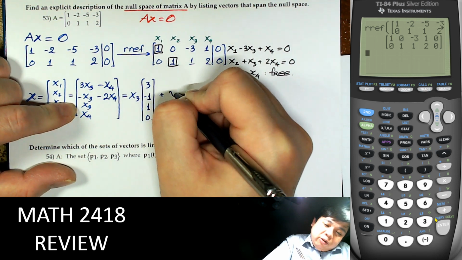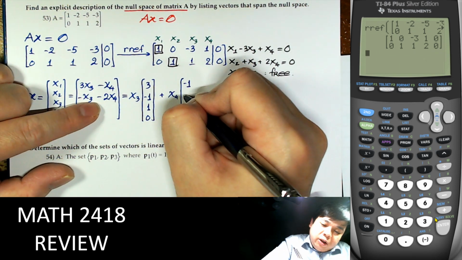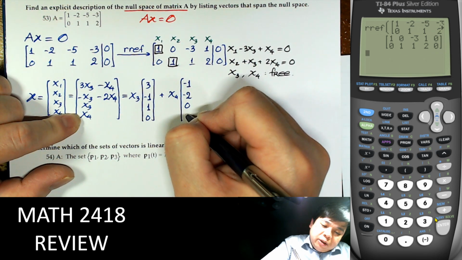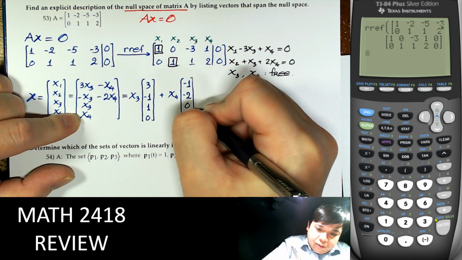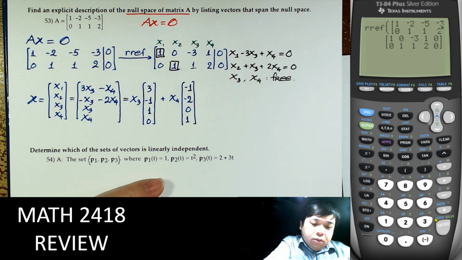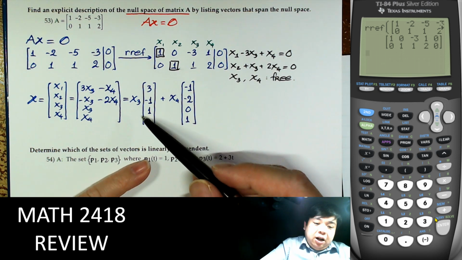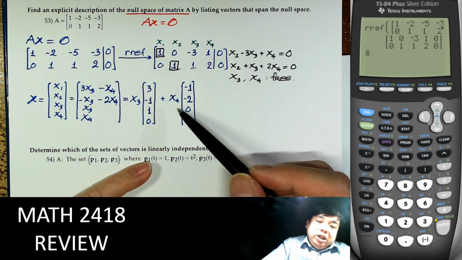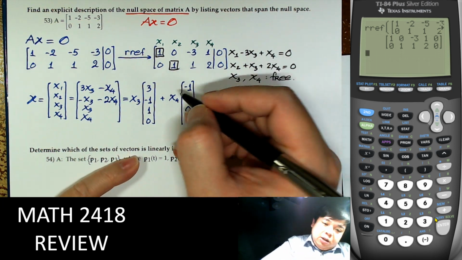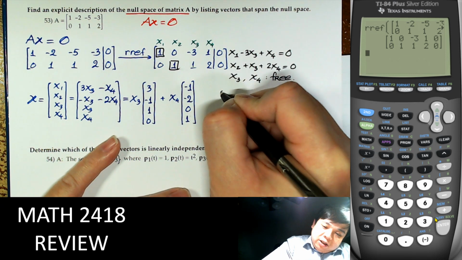Then plus for x4, negative 1, negative 2, no x3, and 1 times x4. So what we have here are the two vectors that we say will be the basis for the null space of A. So the answer would be the two vectors.